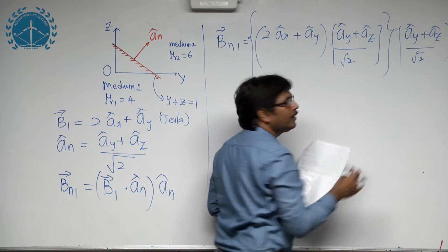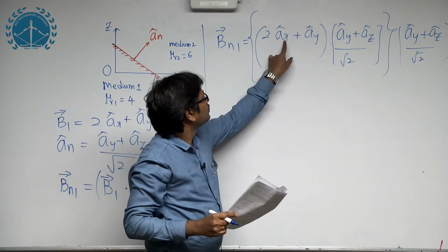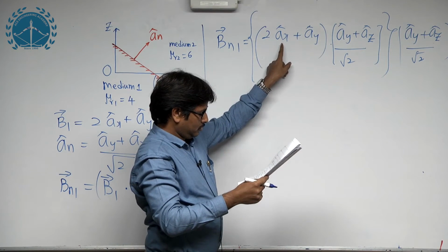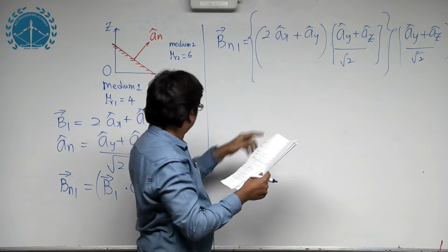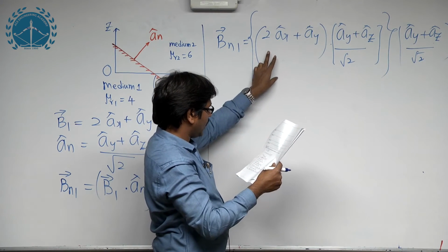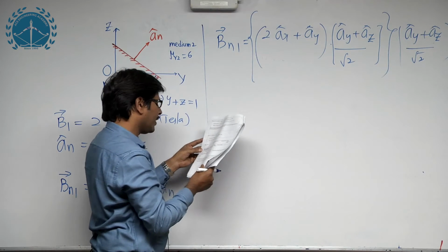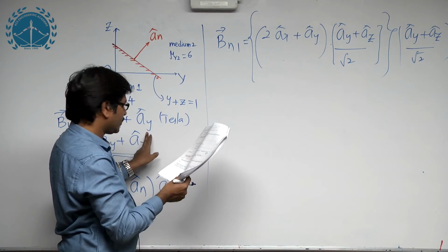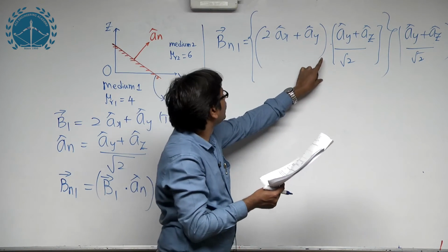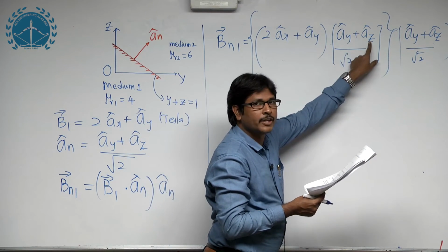You have to take care here while doing the dot product. The given vector B1 bar consists of 2 Ax cap plus Ay cap. This is the given vector B1 bar dot An cap, so we will be having Ay cap plus Az cap divided by root 2.